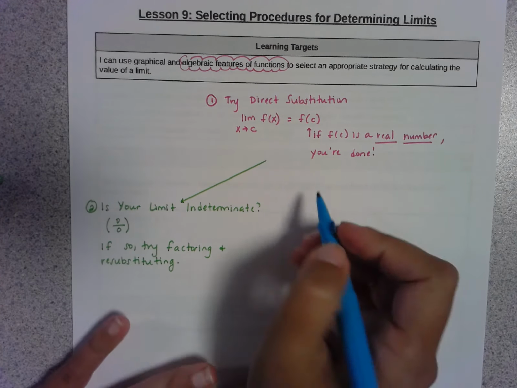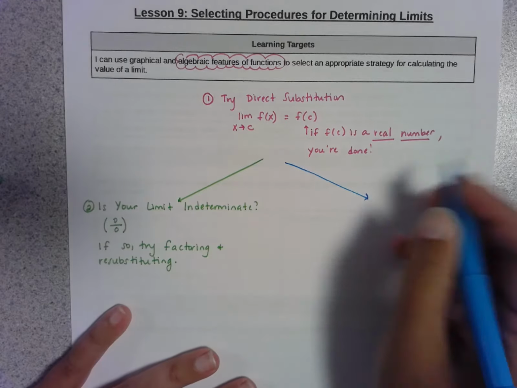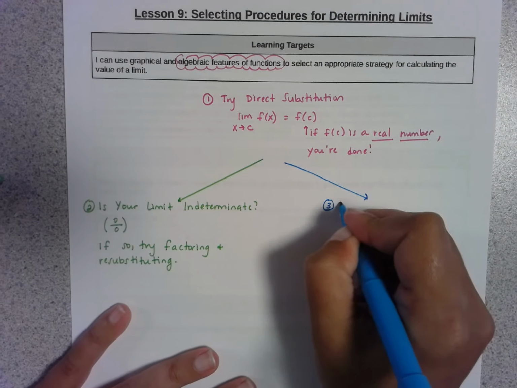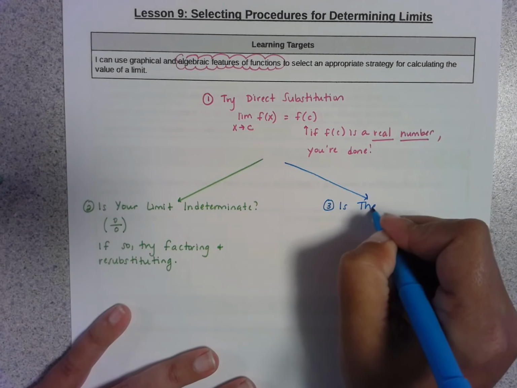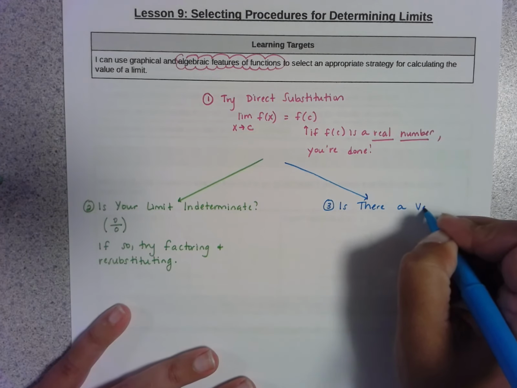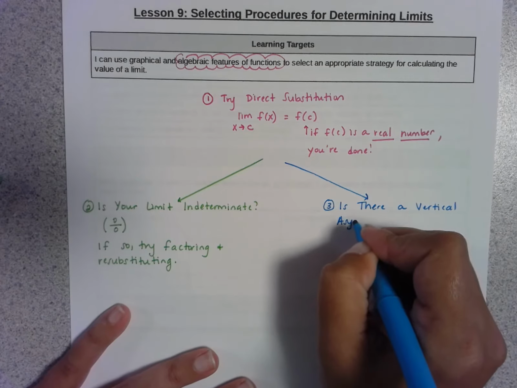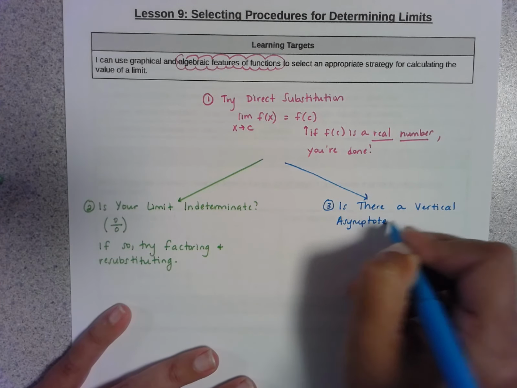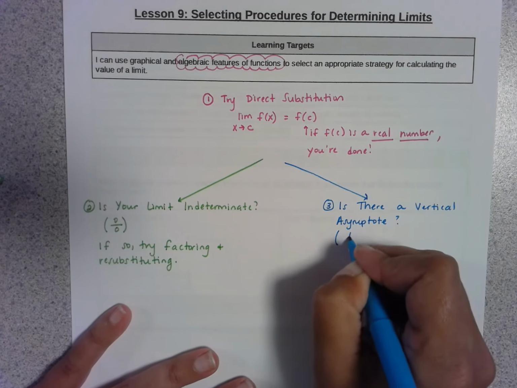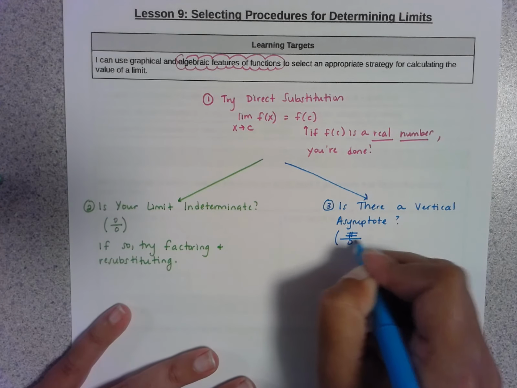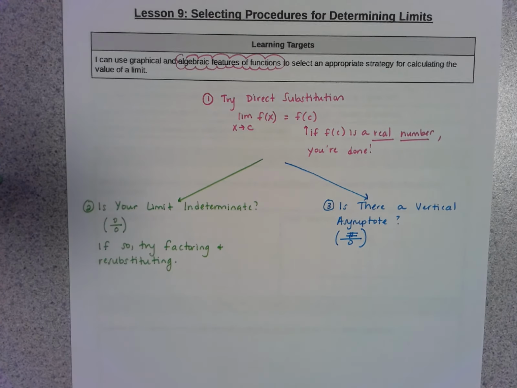If you did not get 0 over 0, is there a vertical asymptote? Which means you get some number divided by 0 when you try substituting.